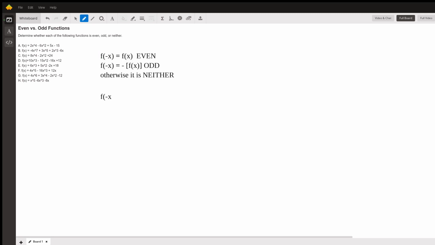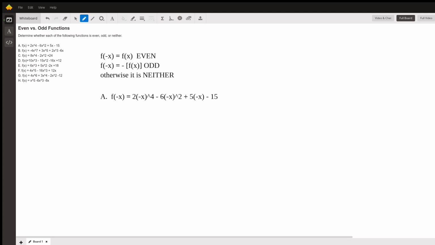So if I plug in negative x, this is for problem A, then what I get is 2 times negative x raised to the fourth, minus 6 times negative x squared, plus 5 times negative x minus 15.